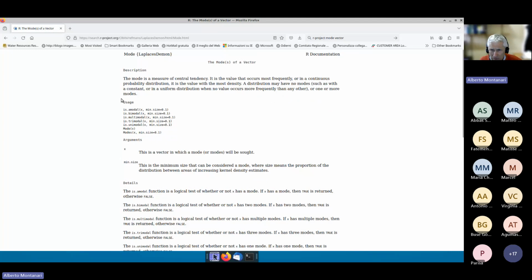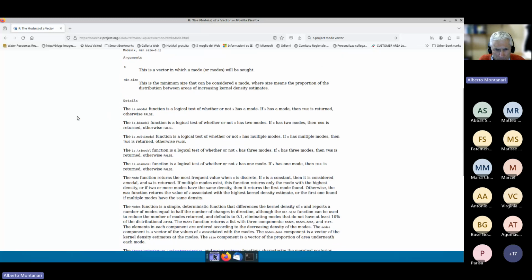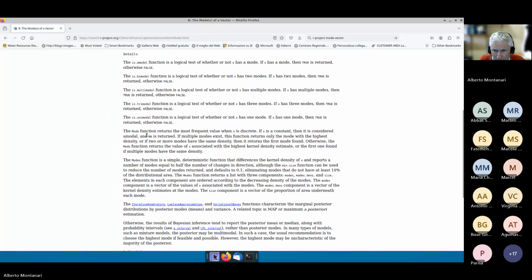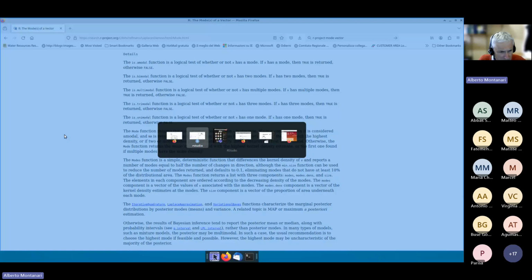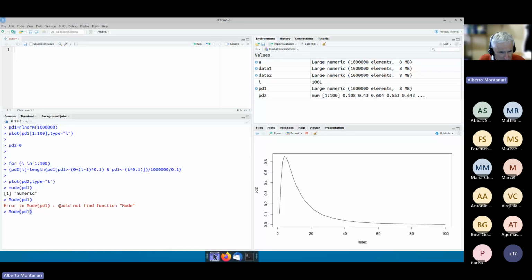Let's see. I don't understand why here it says that it couldn't find the function. Okay, let's forget about it. We will investigate it later. Anyway, the value with the highest probability should be around 3.